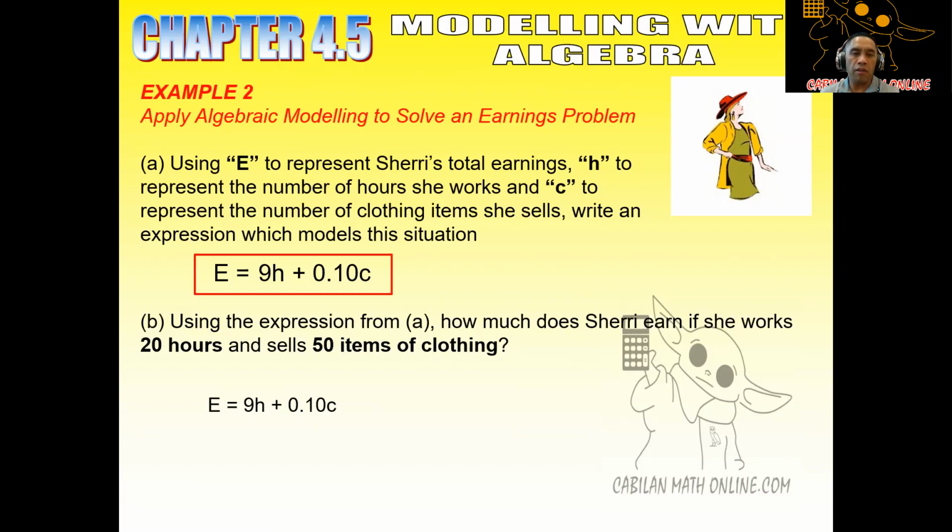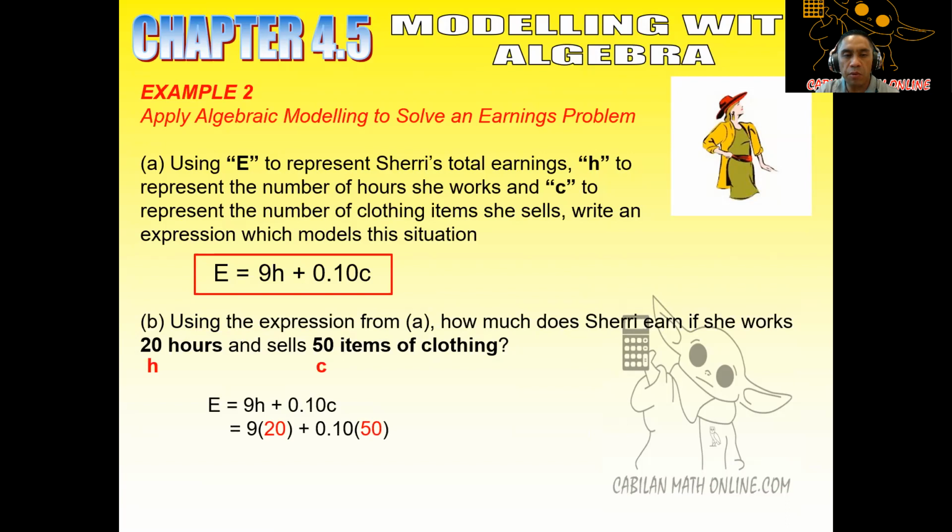So we know so far that E represents the total earnings, H represents the number of hours, and C represents the number of items of clothing sold. So if you take a look at the question here, the 20 hours, since that represents the number of hours, that's going to substitute for the H, and the 50 items of clothing, which is the number of clothing, that replaces and substitutes in for the C. So when we replace these numbers in for those two letters respectively, don't forget to put brackets around it.